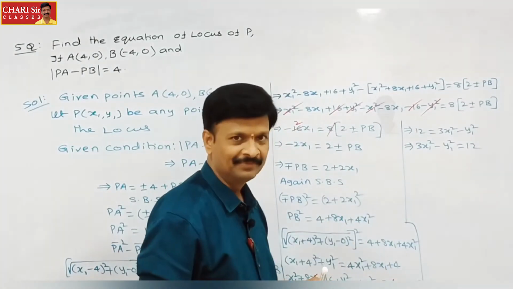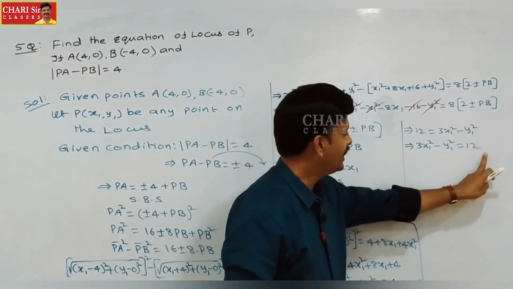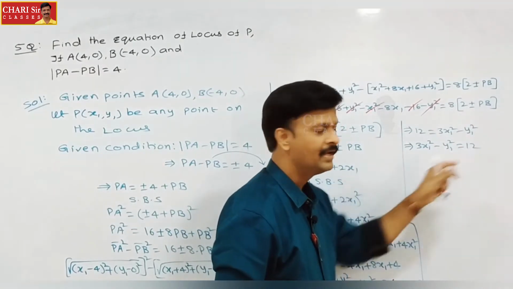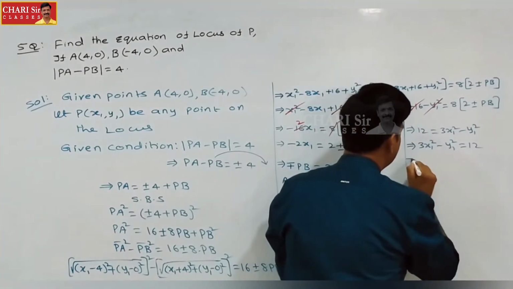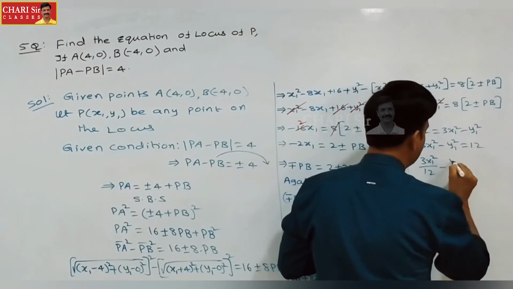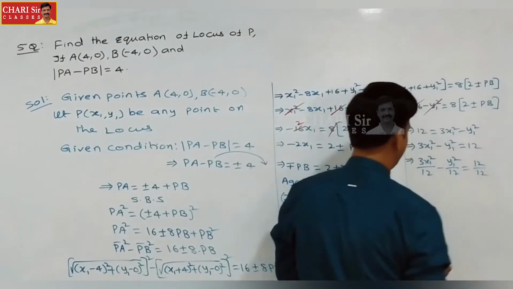Till this you can do, or else you can simplify more, that is dividing this total equation by 12, meaning the equation LHS and RHS will be divided by 12. So that is 3x1 square by 12 minus y1 square by 12 is equal to 12 by 12.